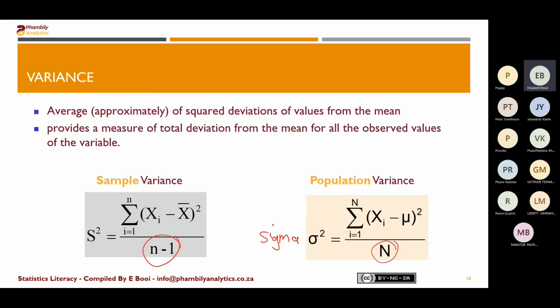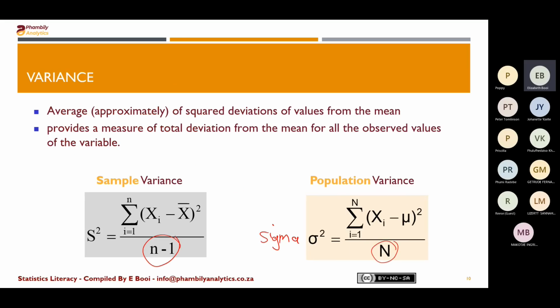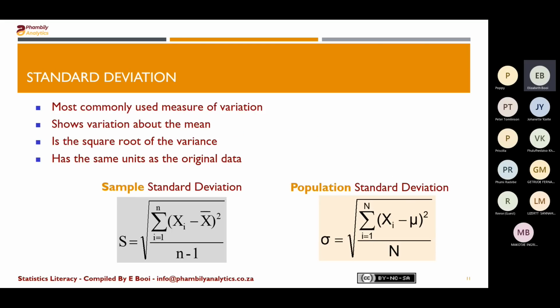I'm not going to do an example with the variance because I'm going to introduce the standard deviation, which is the square root of your variance. So if you take your variance and put the square root, you calculate the standard deviation. And here, it shows you the variation about the mean.